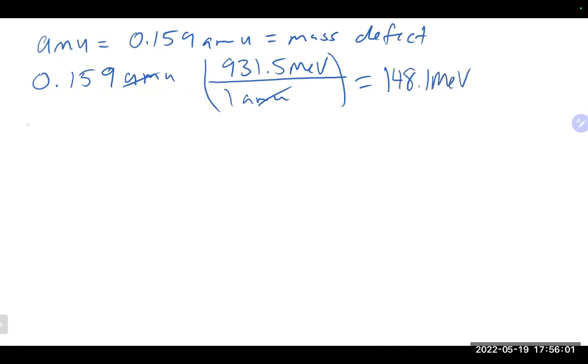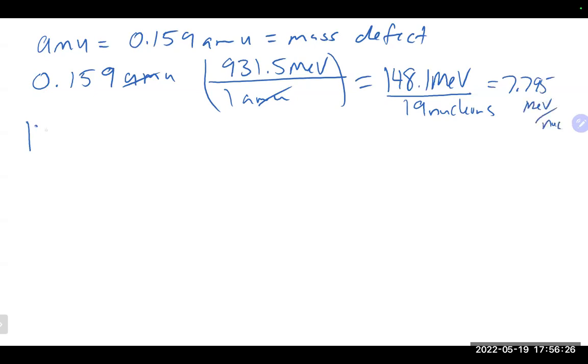By the way, this is a unit that they also use for binding energy. So if we wanted to, since we're here, we could divide this by 19 and we'll get our mega electron volts per nucleon, which is about 7.795 mega electron volts per nucleon.